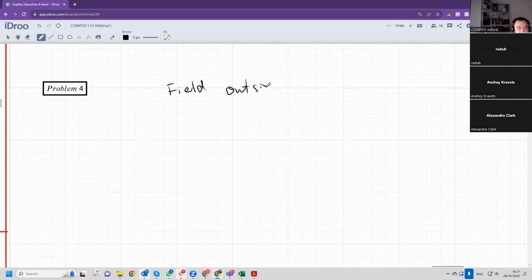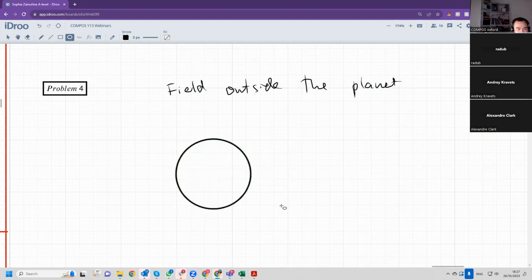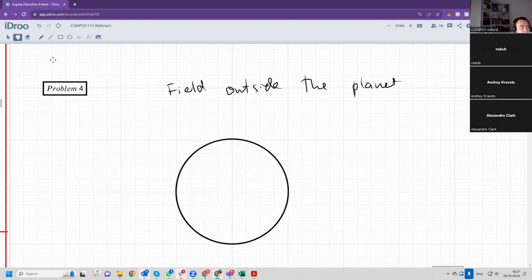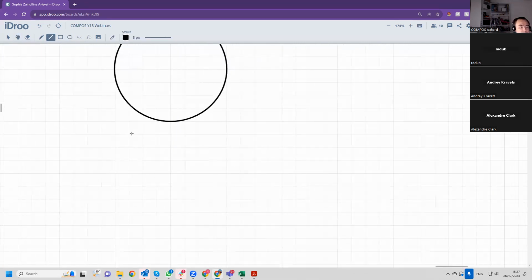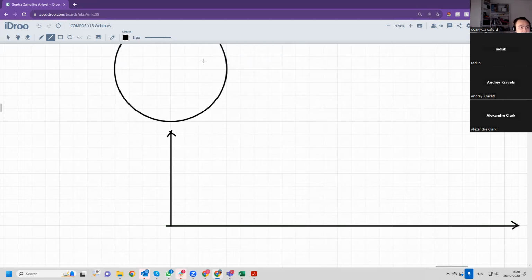For example, you have a planet, and if you draw an axis, this is the radius of the planet. So this is a graph, and r is the distance from the center of the planet, and this is the gravitational field.